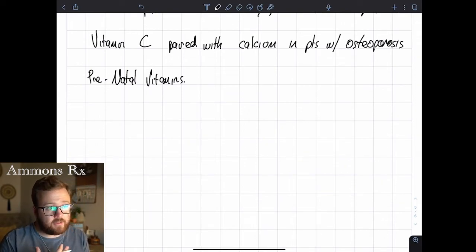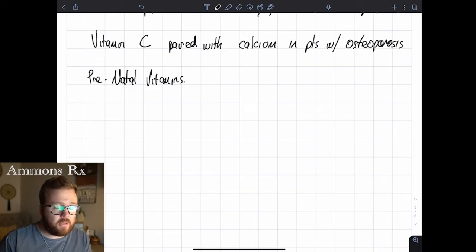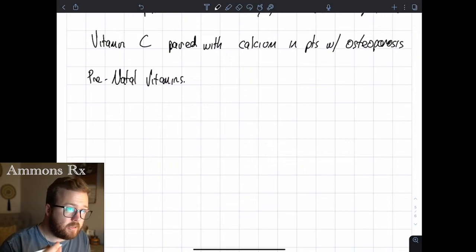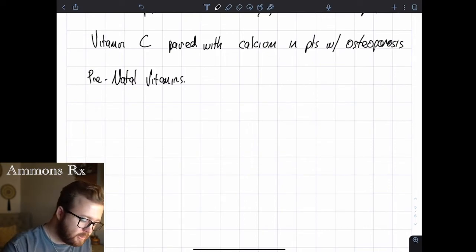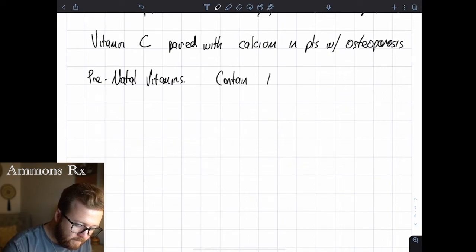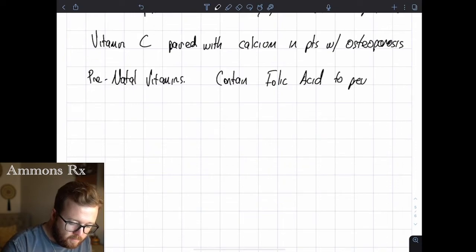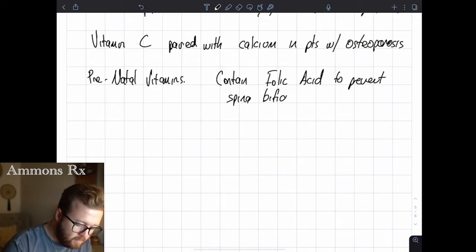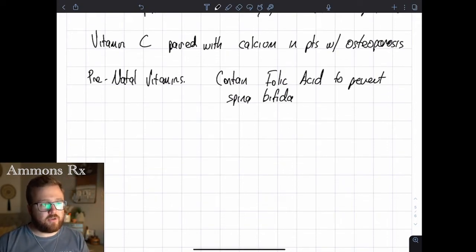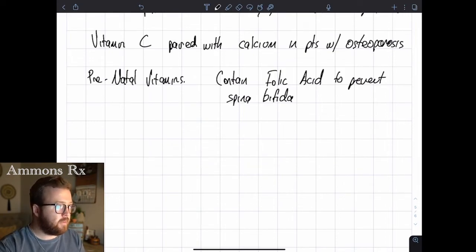A lot of people think that it's something you just take while you're pregnant, but a lot of times it's really important that people take them before they get pregnant because there's a certain compound, a certain drug that actually prevents a terrible condition called spina bifida. So folic acid is actually a vitamin that helps prevent or helps lower the chances of something like spina bifida occurring.